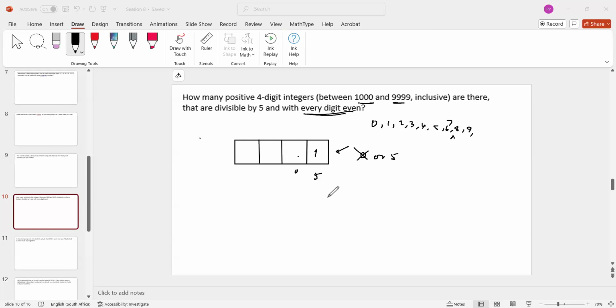That's a very good answer to why 0 is even. So you can put 0 or 2 or 4 or 6 or 8. Those are the only possibilities for this. So there are 5 possibilities here, right? You could put any one of these. Here too, there are 5 possibilities.